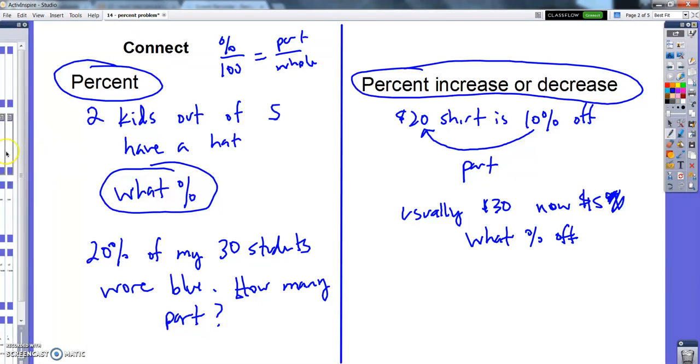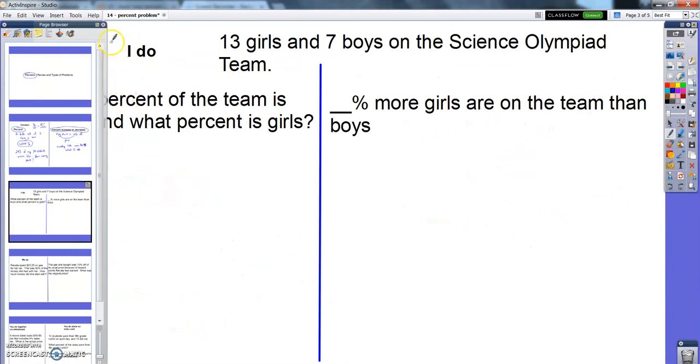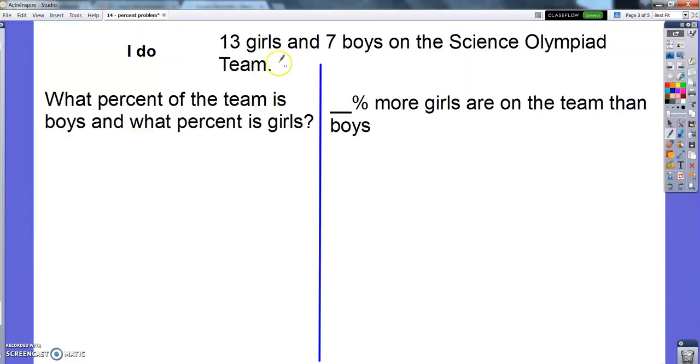All right, so let's do a couple. Let's take this situation. 13 girls and 17 boys are on the Science Olympiad team this year. Two kinds of questions. So this is going to be a percent problem. What percent of the team is boys and what percent is girls? That's one of the basic, beginning of the year, 6th grade percent problems. Remember, a percent is a part to whole ratio.